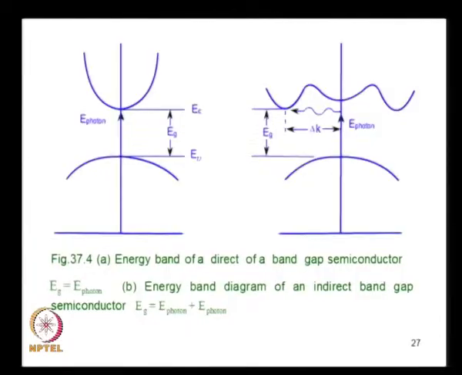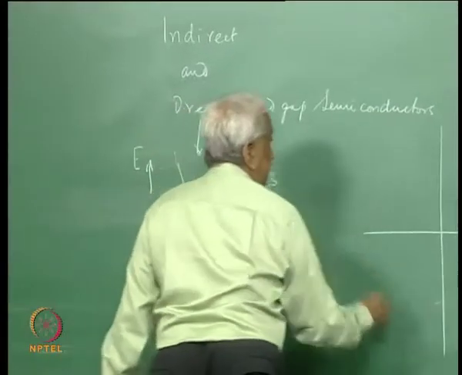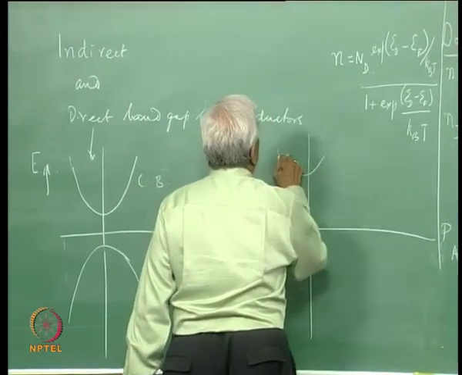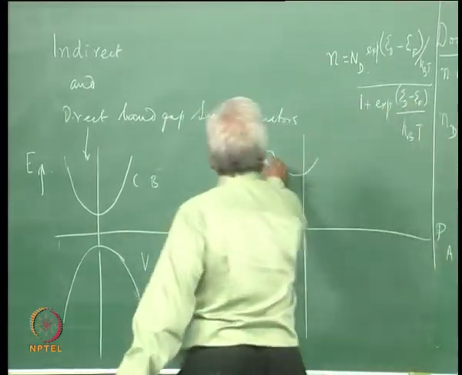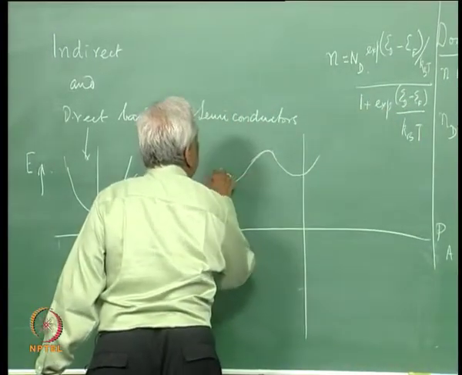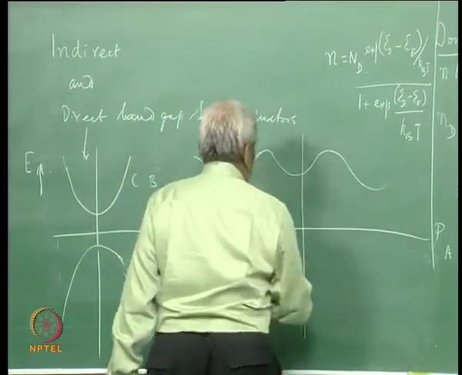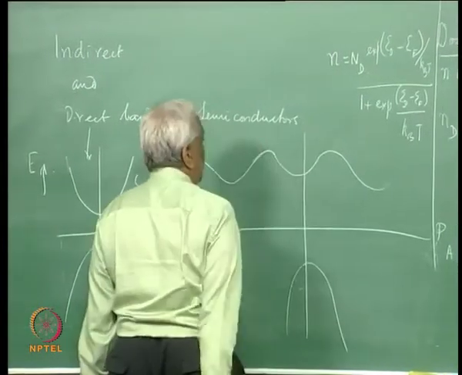conduction band, whereas an indirect band gap is one in which you have a slightly lower structure here, and whereas we have the valence band here.